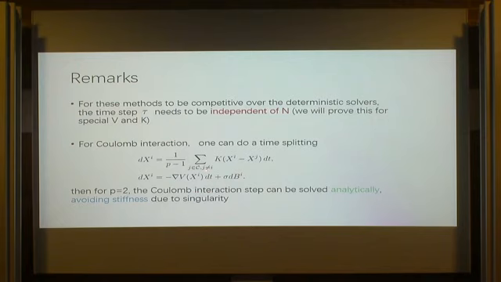When you have Coulomb interaction, it could become singular if xi is too close to xj. Then the ODE is very stiff, and your time step has to be very small. However, if p equals 2 and you only do Coulomb with one more particle, you can solve that analytically, so there's no stiffness. So that's an actual bonus for Coulomb.